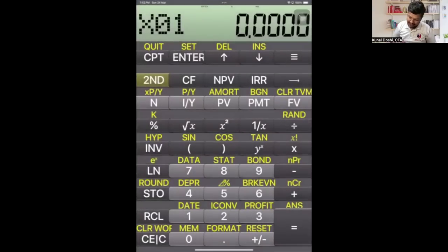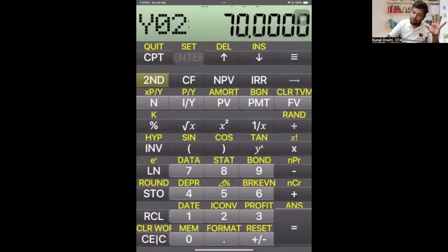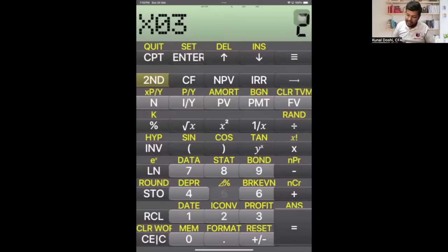So I will put 70 in x and 5% is the probability, so I'll put 5, enter. Second, in x2, it was 40. I will put 40 and the possibility was 70%, so I'll put 70. Don't put 0.7. Third one was 25. I put 25 and the remaining probability, 25 again.